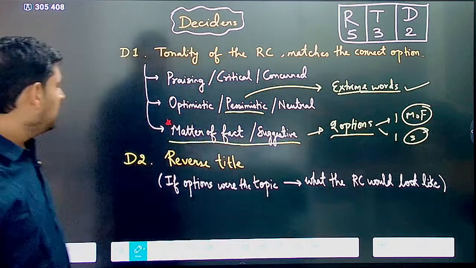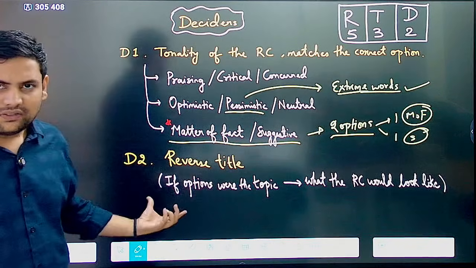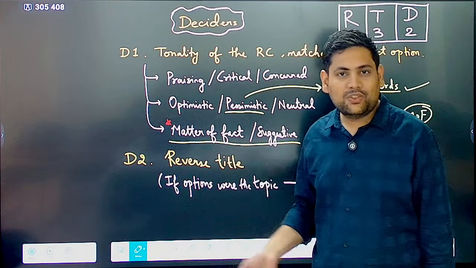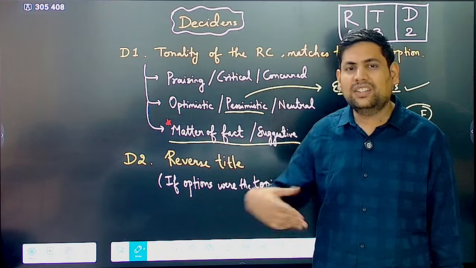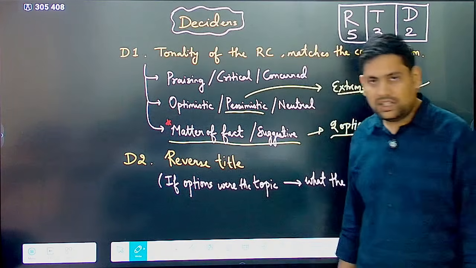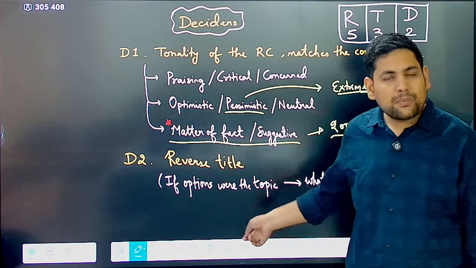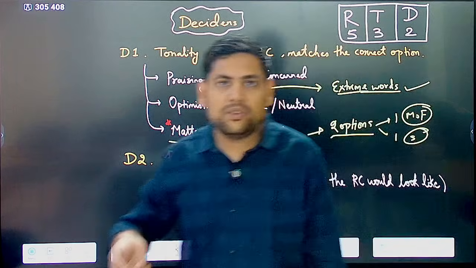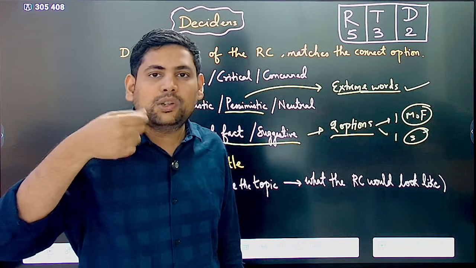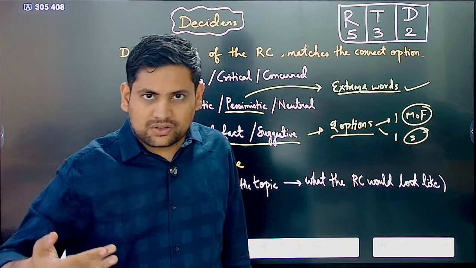Then the second decider is using reverse title. Reverse title, so basically the famous one is giving a title to the passage. That I think won't work very well in CSAT. So what I said, you do reverse titling. That is, if the options were the topic, for example, this I used in that question where we had duty to vote, right to vote, right to participate in elections, all those things were there, correct?